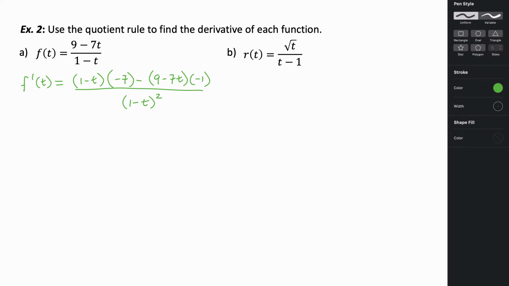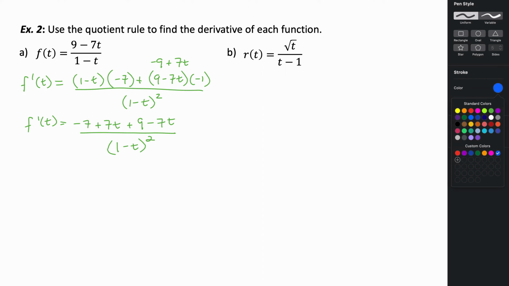Doing a little bit of algebra, we get this. If I distribute this negative in, I get negative 9 plus 7t here. So I get that f prime of t equals negative 7 times 1 is negative 7, plus 7t. A negative times a negative is going to make that positive 9, and a negative 7t, all divided by 1 minus t quantity squared.